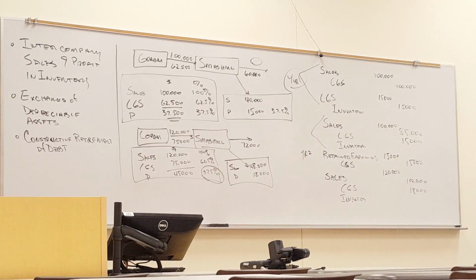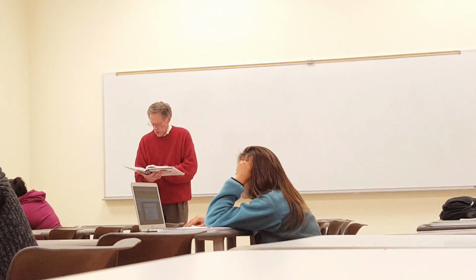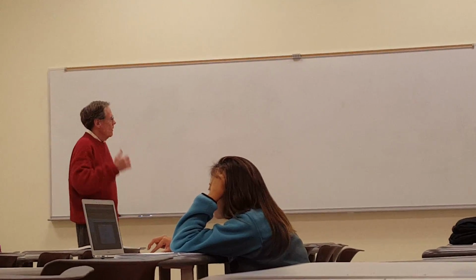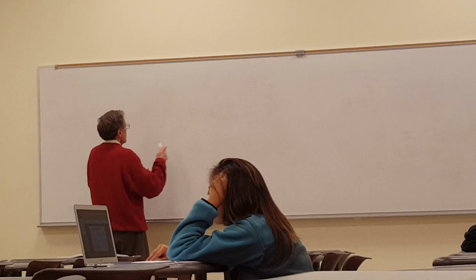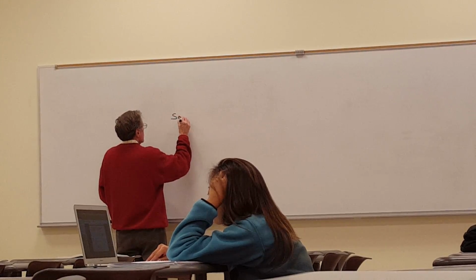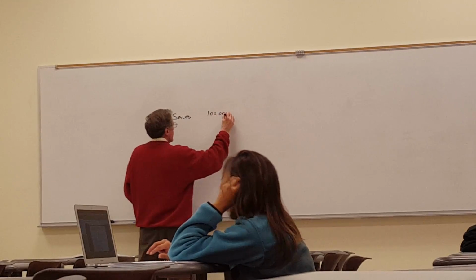All right, what they give us is the sales, and they give us the markup. Oregon sells inventory using a 60% markup on cost. So sales in year one is 100,000.